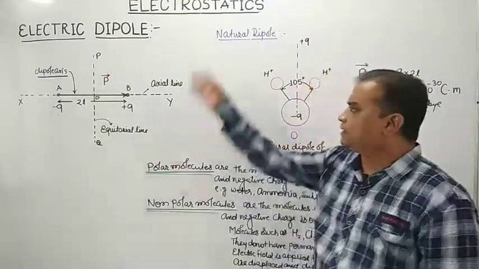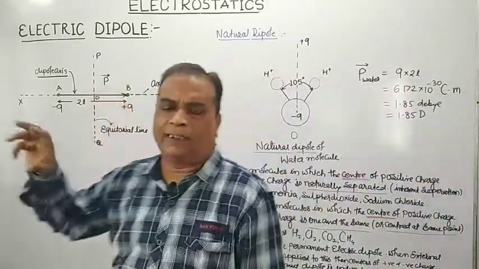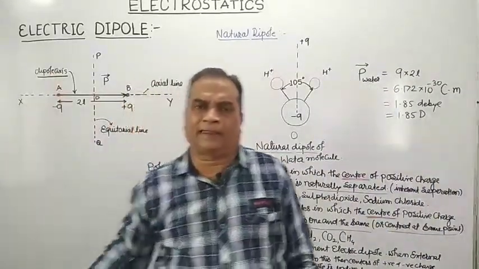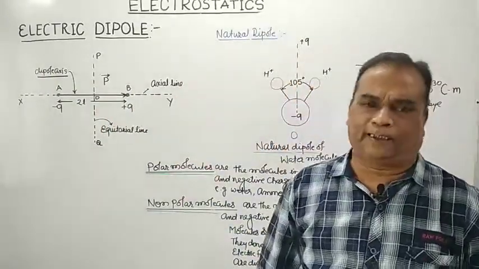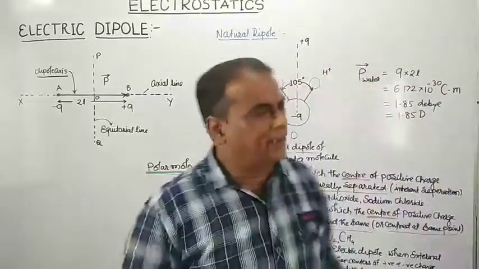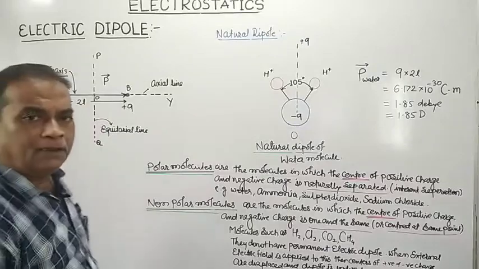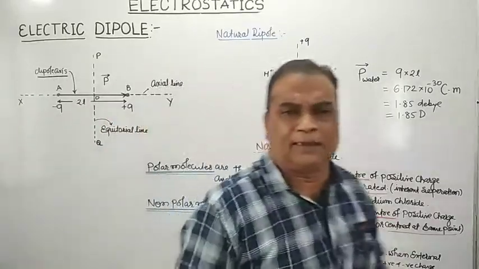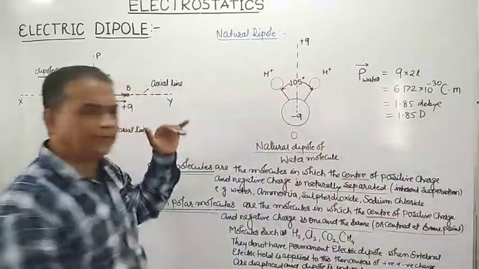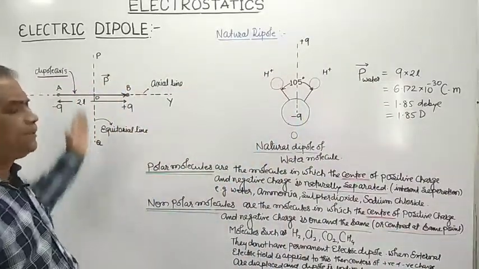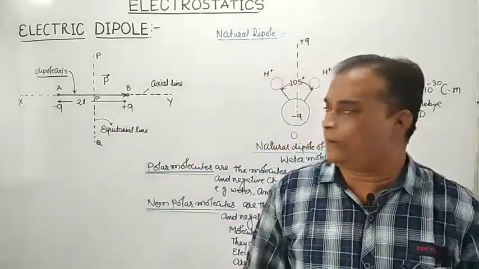We will see what an electric dipole is, the couple or torque that acts on an electric dipole kept in a uniform electric field, and derive an expression for the electric field intensity due to an electric dipole at a point either along the axis of the dipole or on the equator of the dipole.